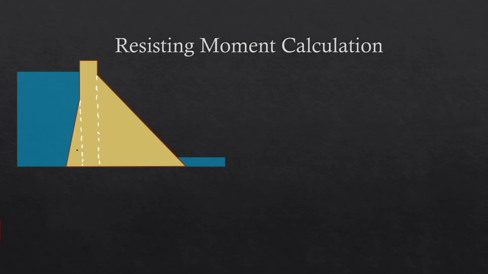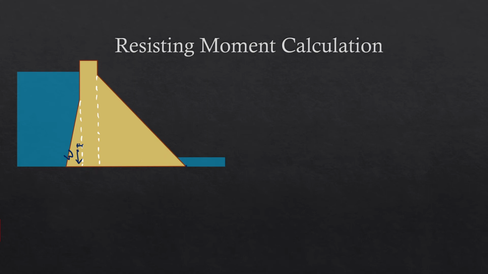and these names will be, suppose, W1. At the same time we are also trying to see where these forces will act. So W1 will be acting here, and its distance from the toe will be this entire distance plus this distance, and this distance we know that it will be 1/3 of this width of this small triangular portion.